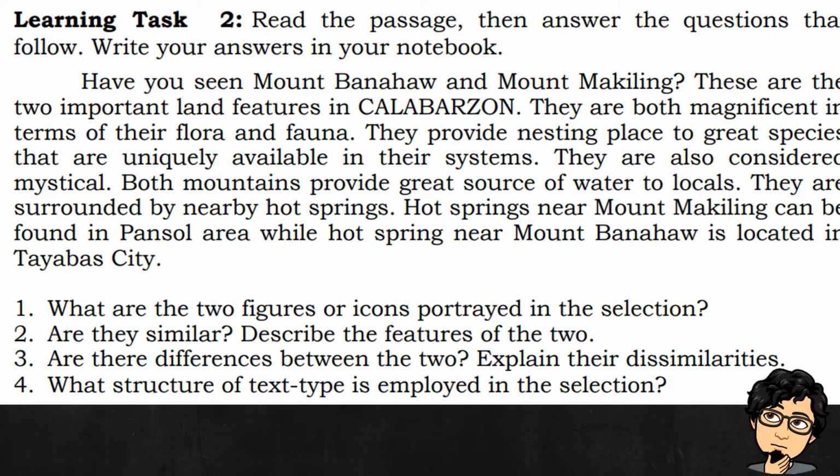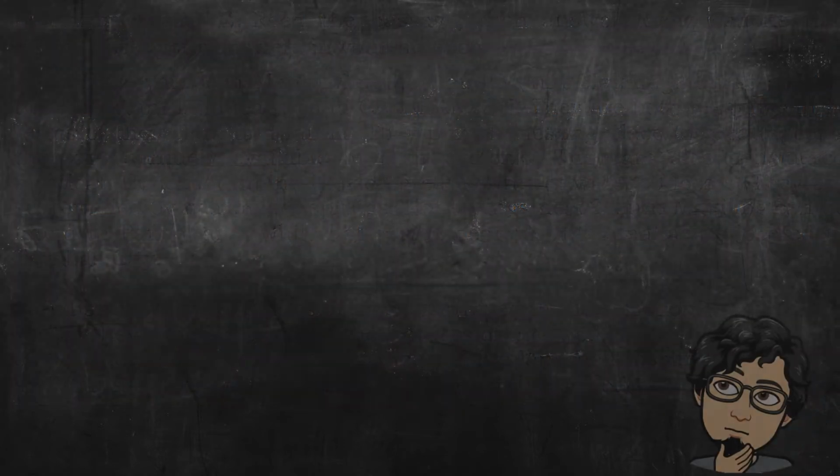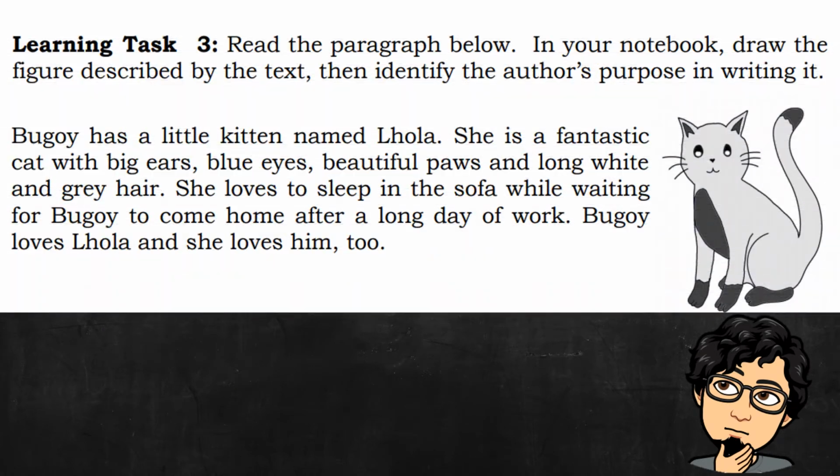Write your answers on your paper. Learning task number 3. Read the paragraph below. On your paper, draw the figure described by the text. Then, identify the author's purpose in writing it.